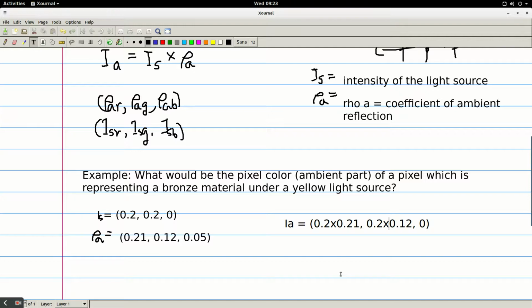So for any given material, if you know the color of the light source, you can calculate the ambient reflection, because it doesn't really depend on the light source position or whatever angle it's making. It has no sense of direction. It's present everywhere. It's a very small component. Is this thing clear? So this is what we do with the ambient part.